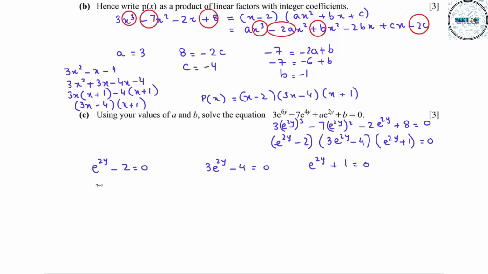So we have here e power 2y is equal to 2. So this will become 2y ln e is equal to ln 2. Ln e is equal to 1. So y is equal to ln 2 divided by 2. We can write it as y is equal to 1 upon 2 ln 2.